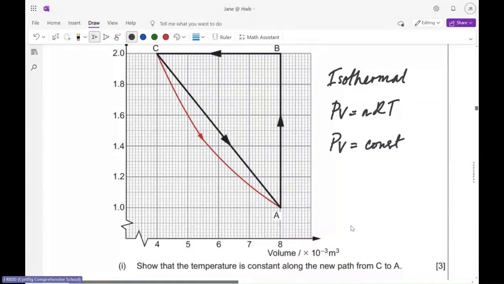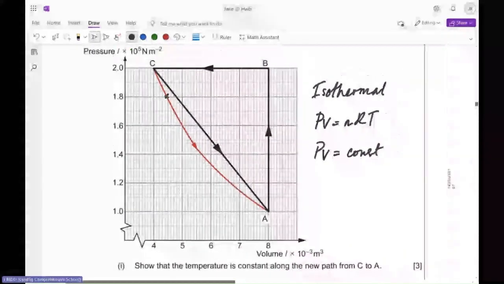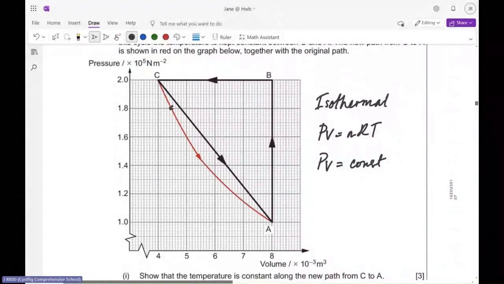Hence, any two values of P and V, so if I took this value here, 1.8 times 10 to the 5, and that corresponds to a volume of around about, if I draw this on, we take that value, and that value for volume, multiplying those two values would give me a constant.